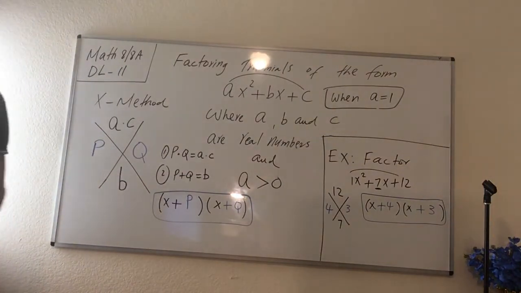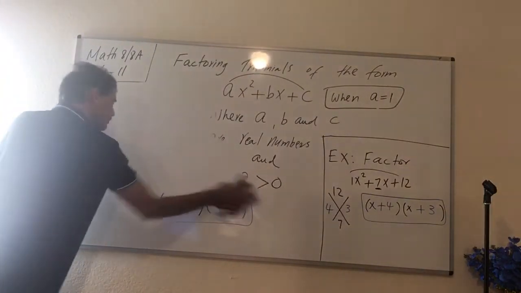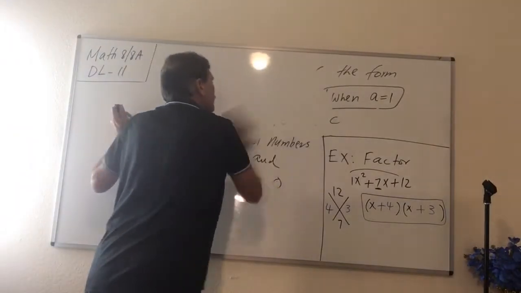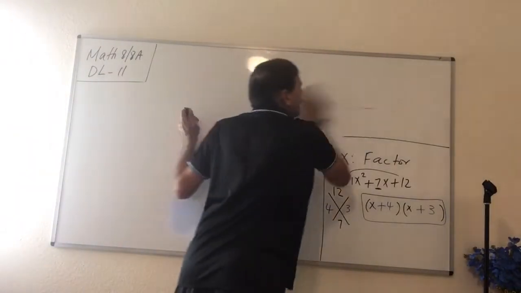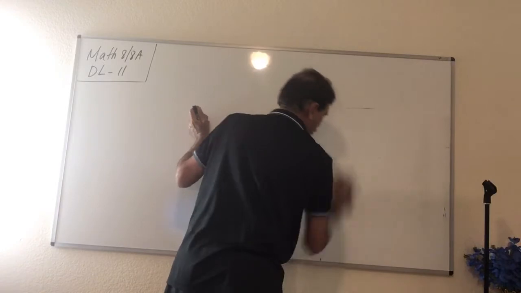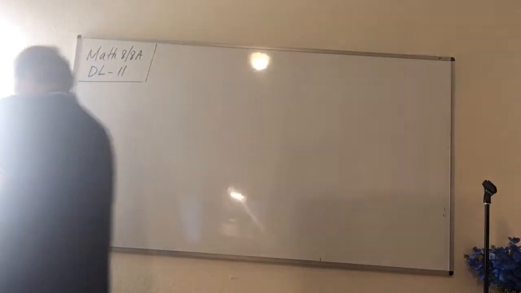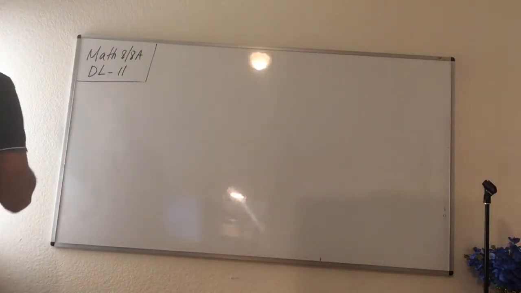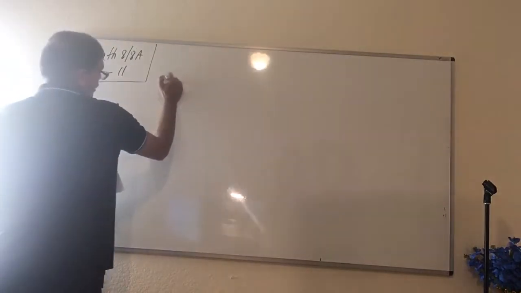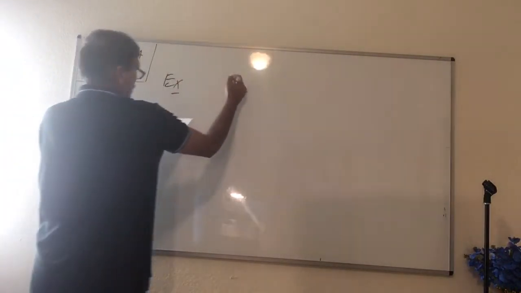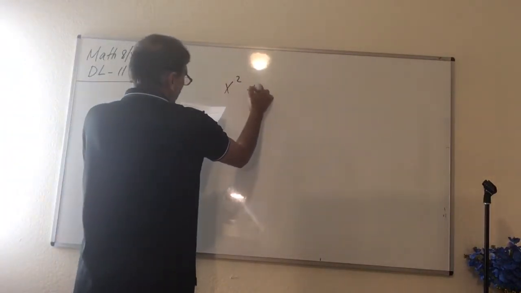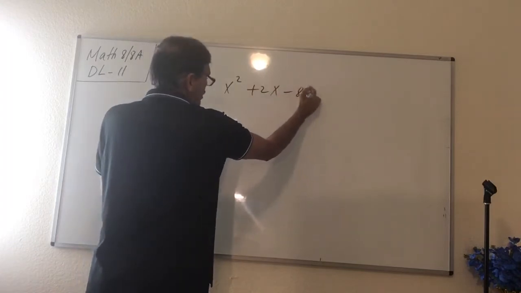Let me show you some more examples. Here, for example, factor x squared plus 2x minus 80.